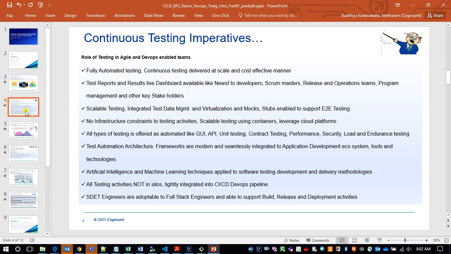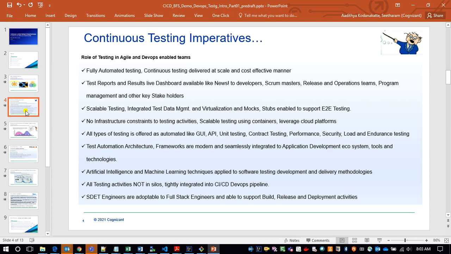But now the expectation is that the testing team members in the DevOps team also leverage the same technology or methodology that developers are using. That way it becomes seamless, and there are no hurdles between the teams in terms of technologies.